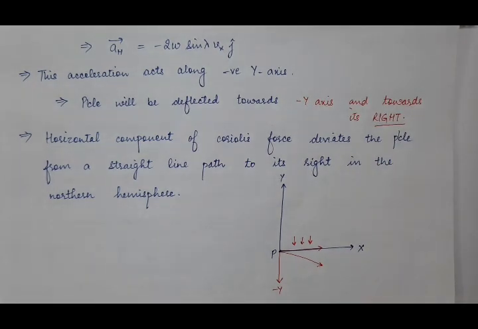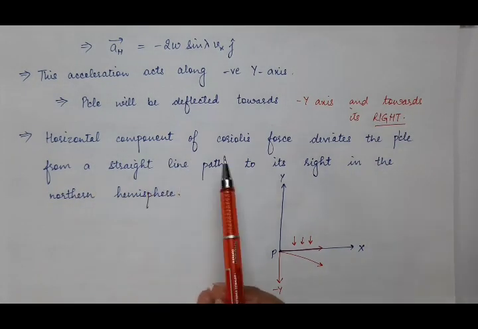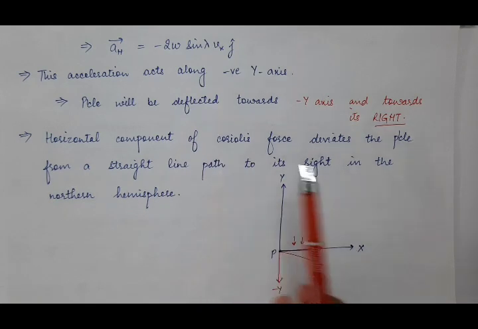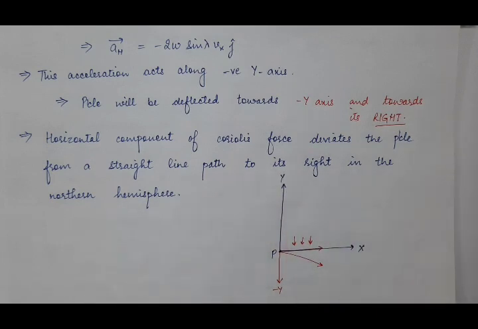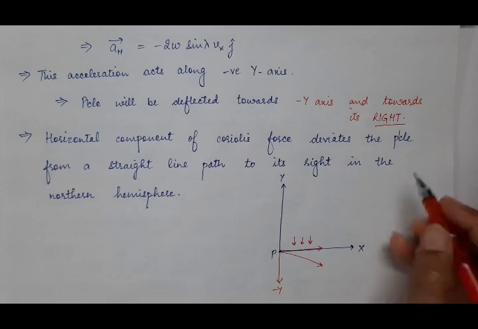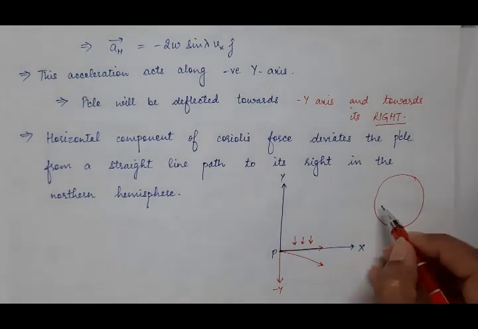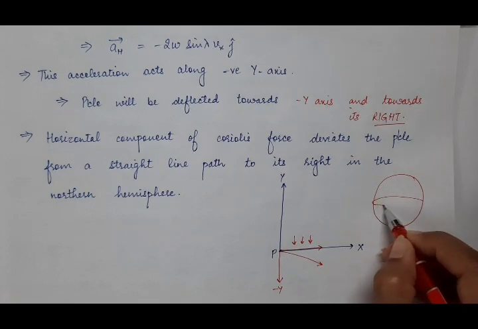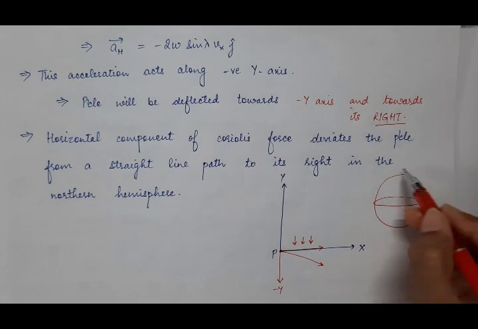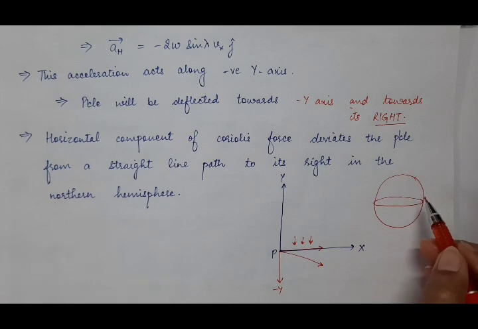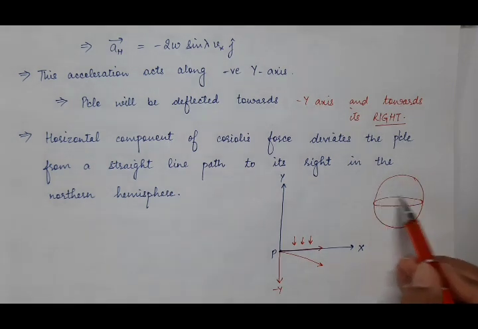So the horizontal component of Coriolis force or acceleration deviates the particle from a straight-line path to its right in the northern hemisphere. This is the Earth in spherical form, this is the equator; the upper portion of Earth is known as the northern hemisphere and the lower portion as the southern hemisphere.